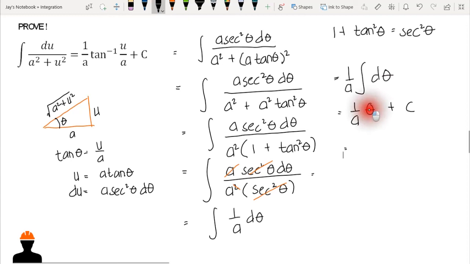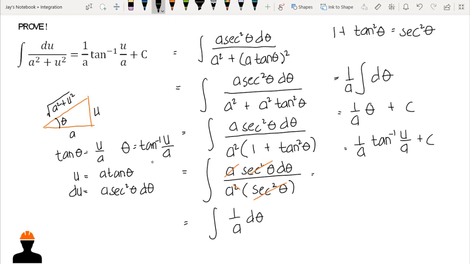Let's get our u back in our equation, in which from here our theta is equal to arctangent of u over a, correct? That's the inverse trigonometric function. So we have therefore 1 over a arctangent of u over a plus c.